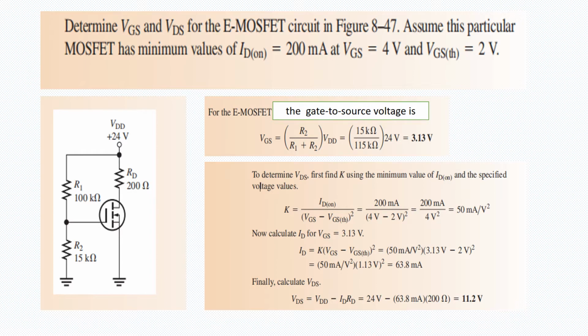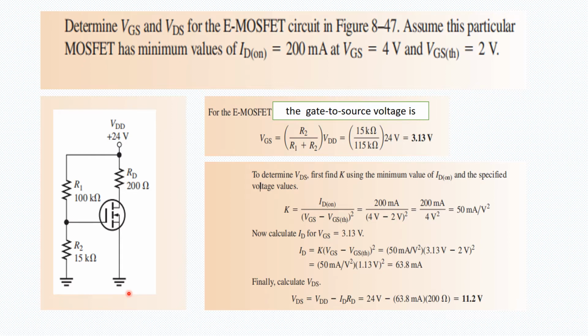I'll try to solve a problem based on this. The problem statement says: determine the VGS voltage and the drain to source voltage for the E-MOSFET in the circuit given below.